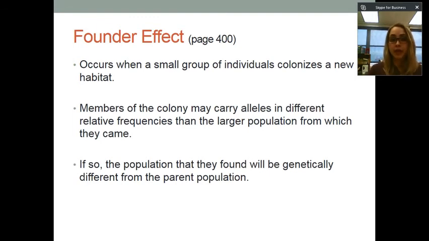So members of the colony may carry alleles in different relative frequencies than the larger population. If so, the population they found will be genetically different from the parent population.